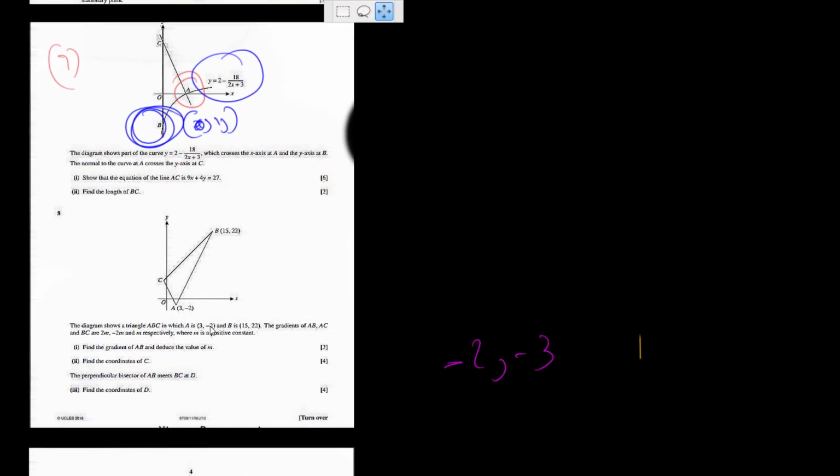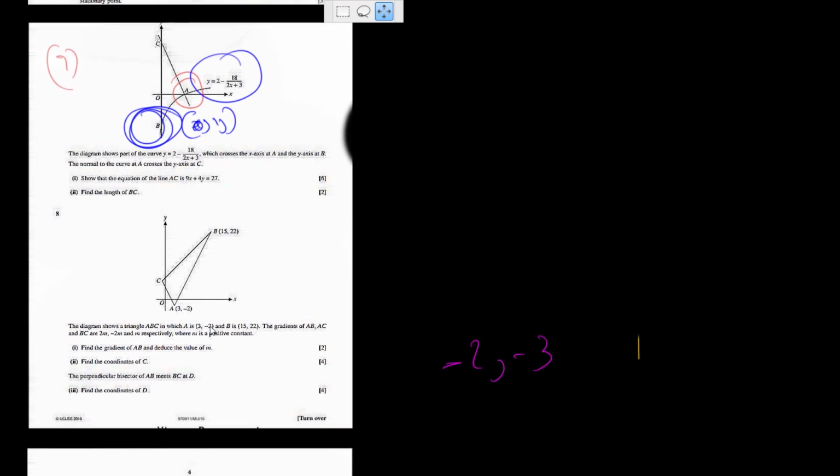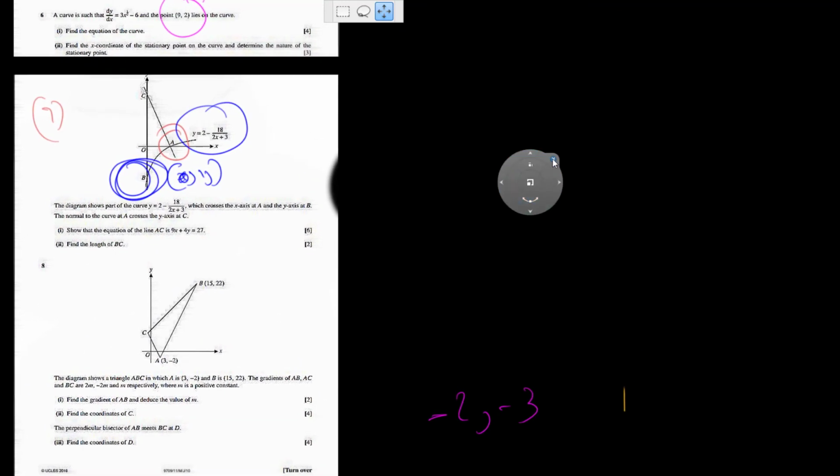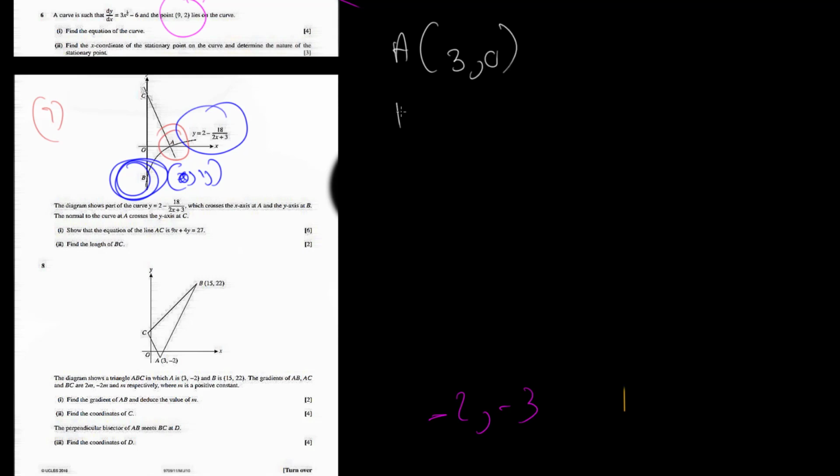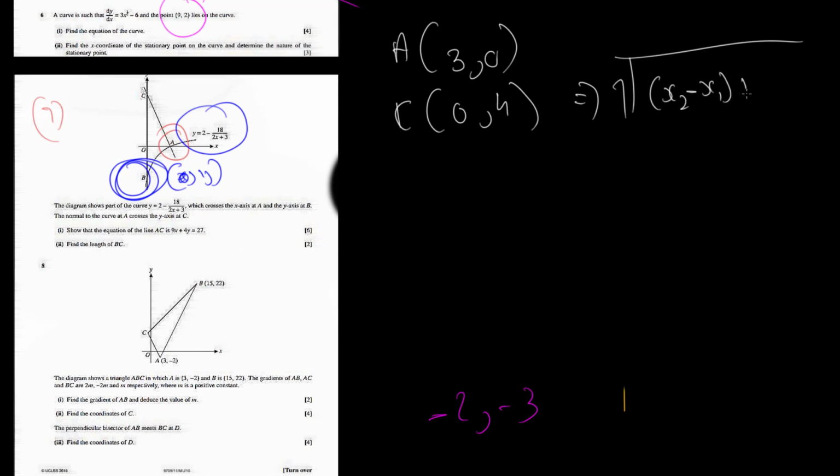Okay. So the next question, find the length of BC. Once you find the equation of AC, we have the coordinates. We know the coordinates of A are 3 and 0, and we know the coordinates of C are 0 and minus 4. All you have to do is use the length formula, which would be the square root of x2 minus x1 whole squared plus y2 minus y1 whole squared.